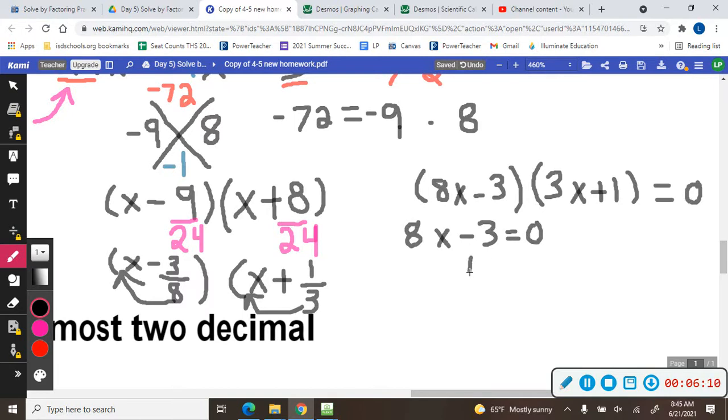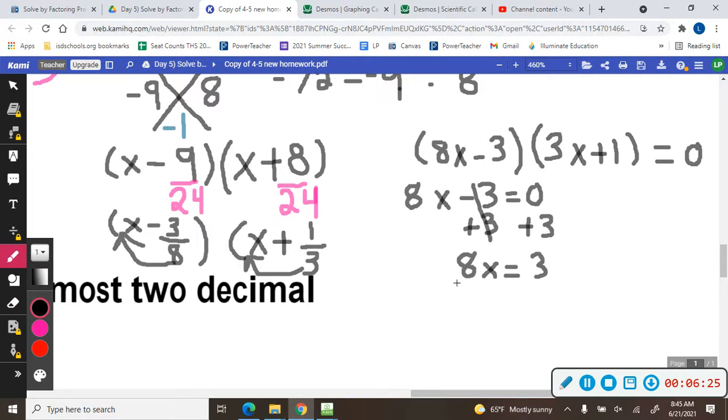Add 3 to both sides. Get 8x equals 3. Divide by 8. And that's how you get x equals 3/8.